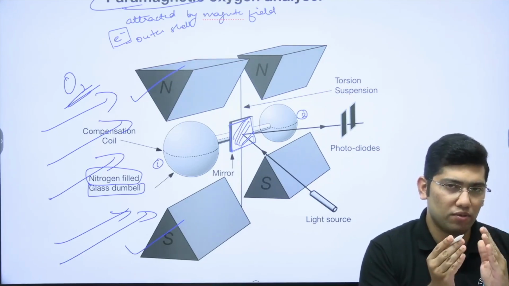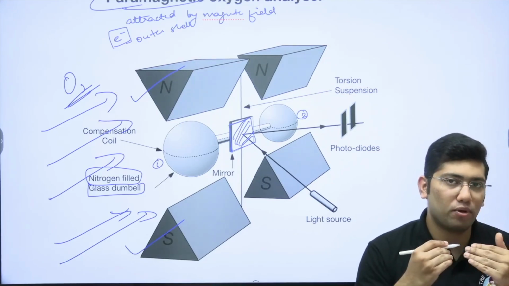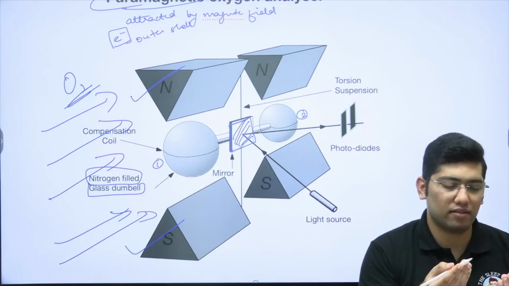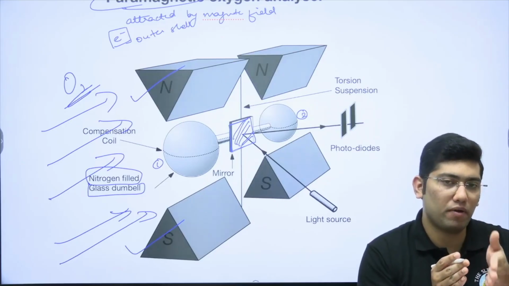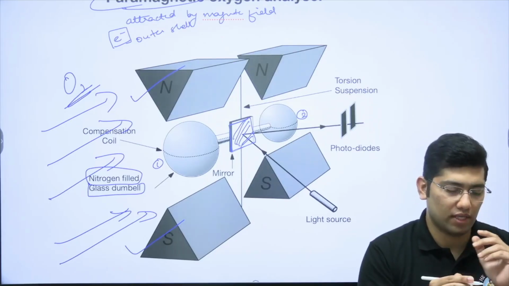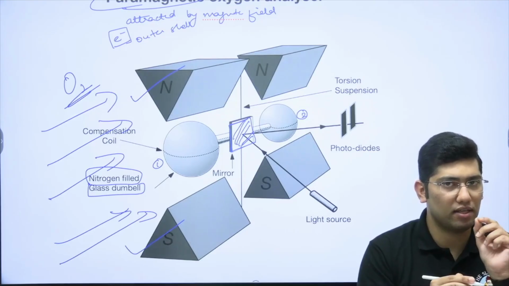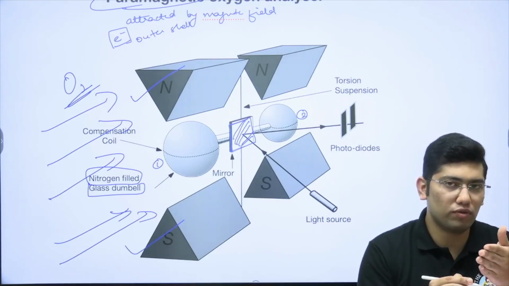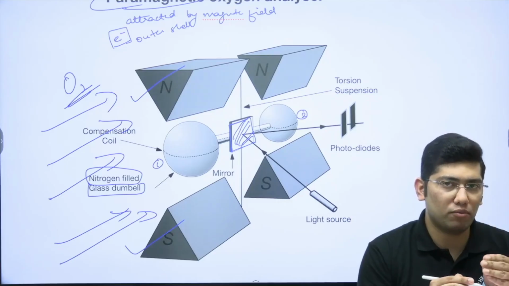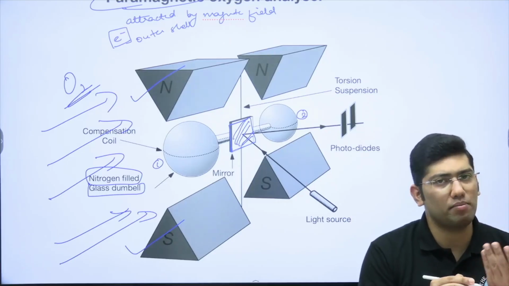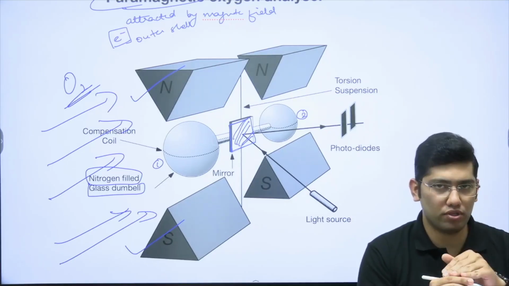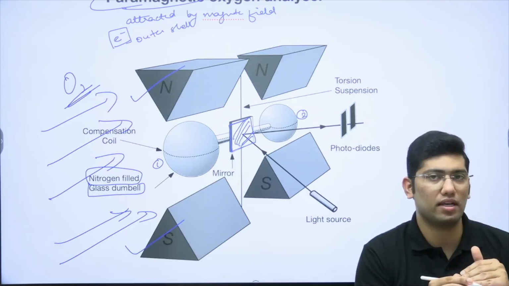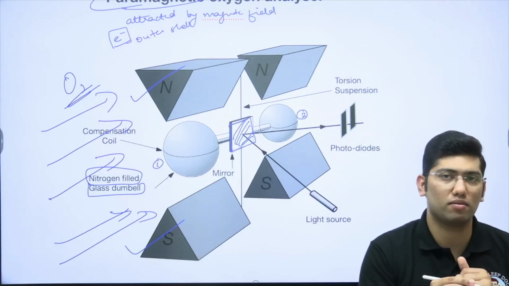So when it tries to move, we provide an external electric current to prevent that deflection. Because of the magnetic field, oxygen tends to move the dumbbell, but to prevent the movement, we give an electric current, because with electric current, we can produce a magnetic field that nullifies the magnetic field disturbance caused by the oxygen molecules.